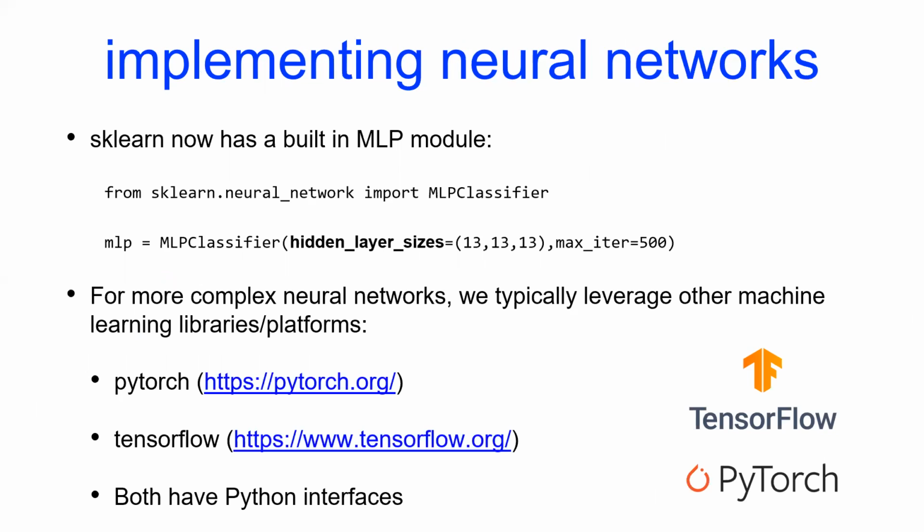I believe if you have already done homework 10, you know how this works. Basically using sklearn, you can import the simplest one, because sklearn doesn't implement very sophisticated neural network structures. If you really want to use that more seriously, there are PyTorch and TensorFlow.